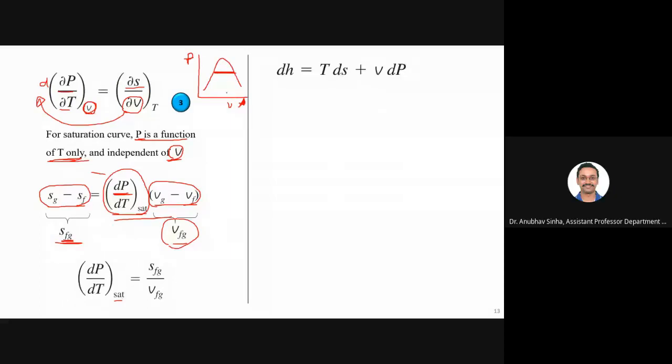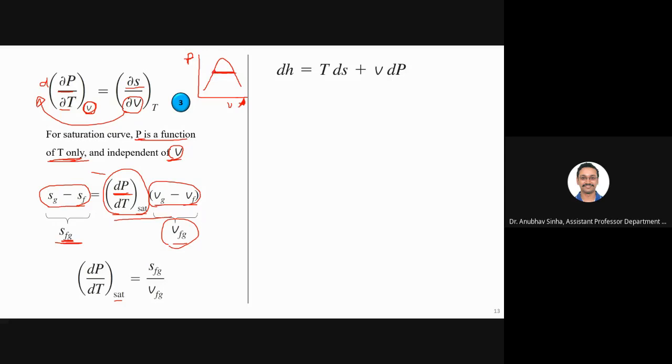Because it remains constant. When I say that P is a function of T, that is true only for a saturated liquid, this part. Not true, no, inside the vapor dome it is applicable everywhere. Anyway, we are concerned with saturated, so this is what we are interested in.